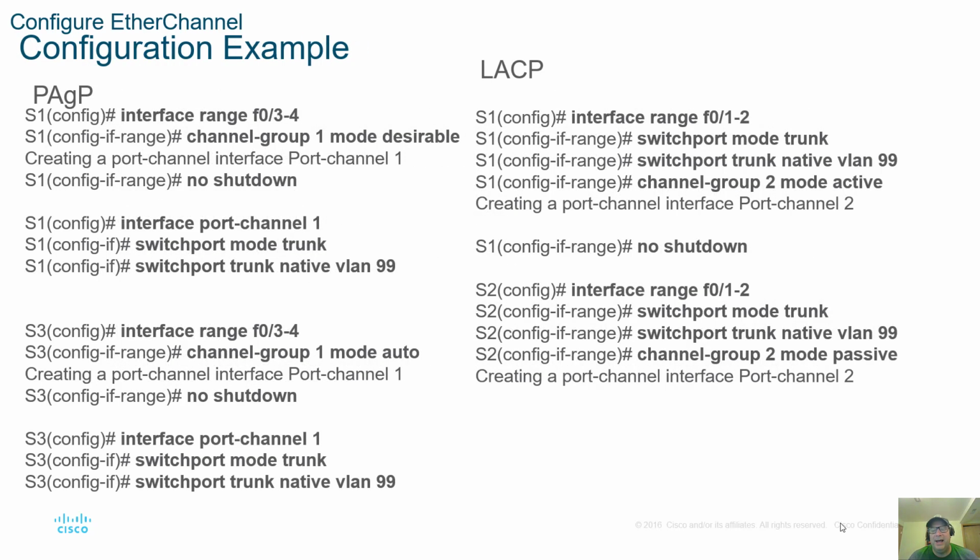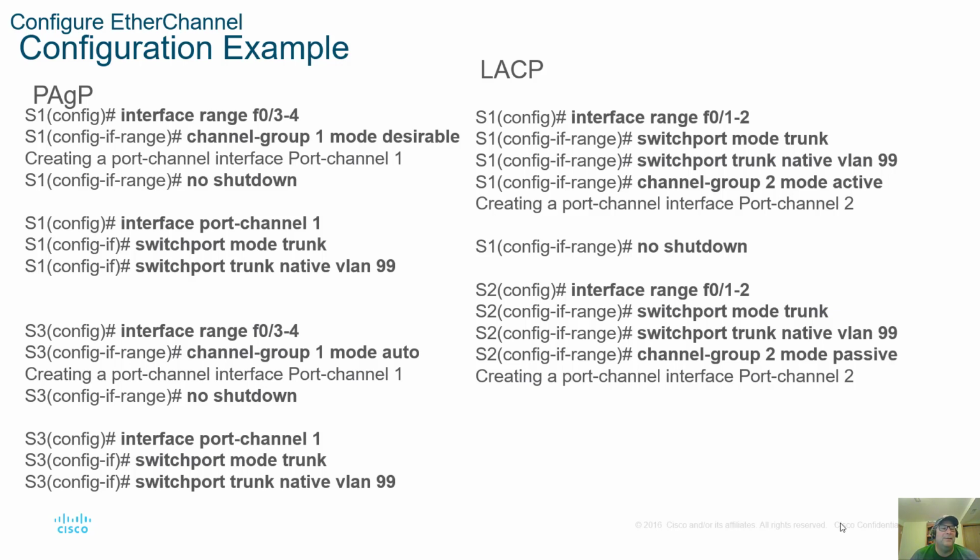there. And that takes us to our configuration examples here. So if you look over on the left, you've got your PAgP configuration, and on your right, you've got your LACP configuration. In both cases, you're going to start off with an interface range. So you've got a couple of interfaces that you want to put in a channel group.